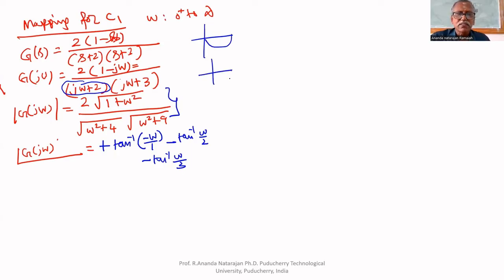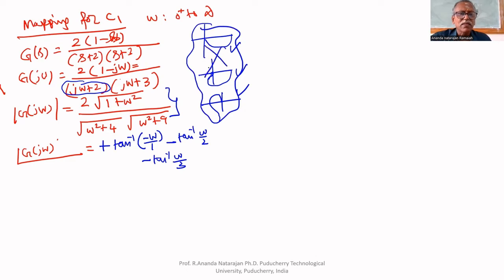If it is a second order type 0 system, this is the plot. Type 1 third order system, this is the plot. These are all we know, but we cannot apply those rules here, because the numerator must have K only. Then only these rules we can apply. Here it has a numerator polynomial, that's why we cannot apply that rule.